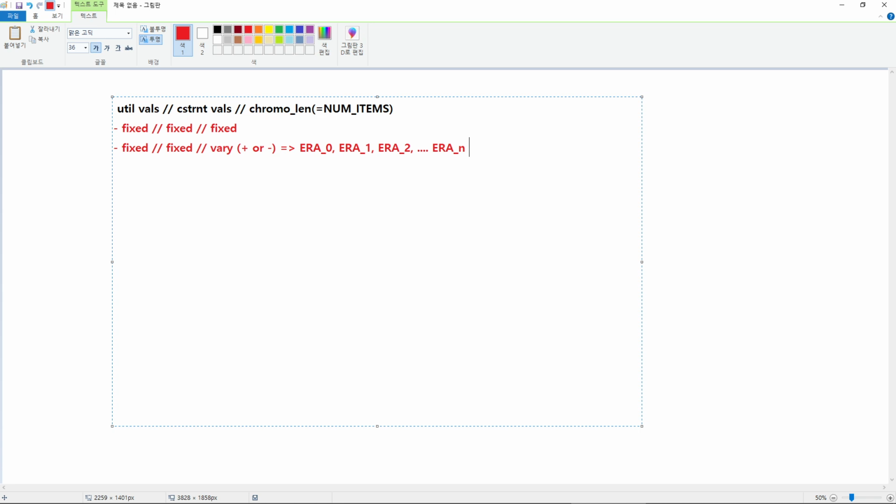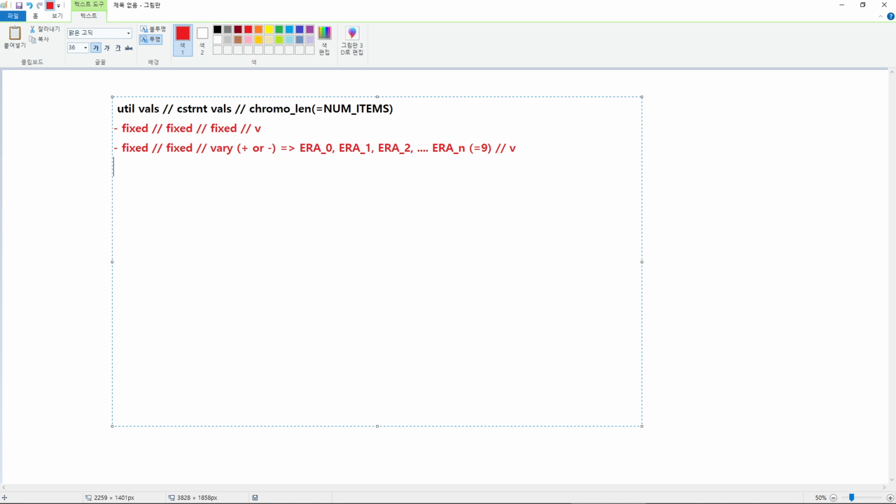And there were usually 10 eras, so it'd be up to, for example, era 9. So this I've done. The second setting, the second row, I've done, and then there would be 6 other settings.